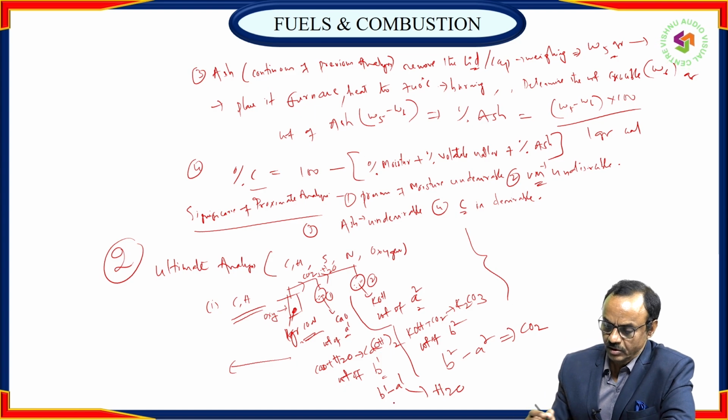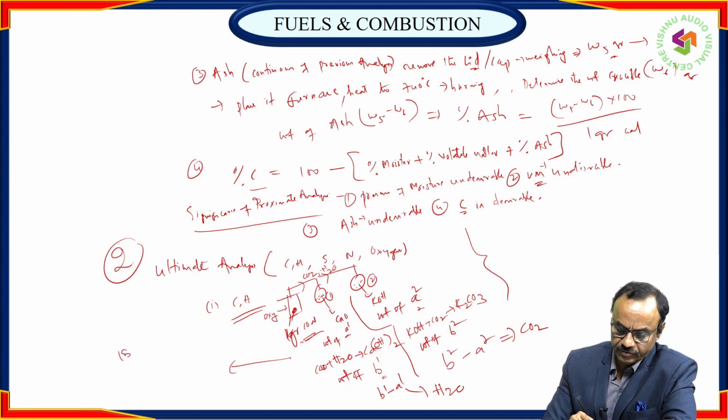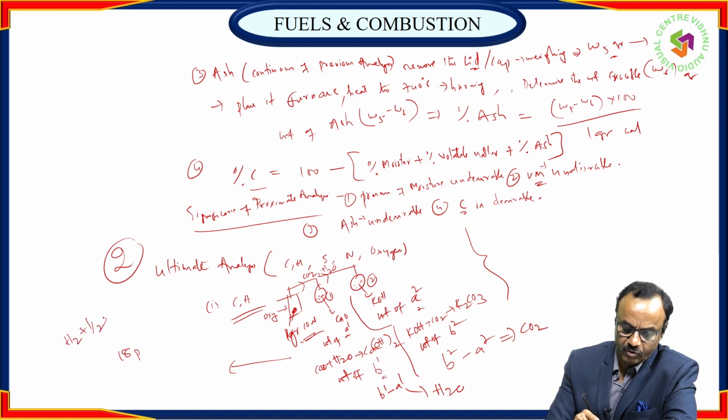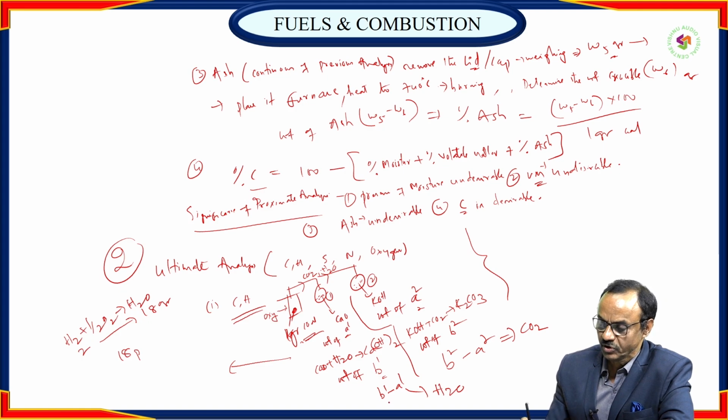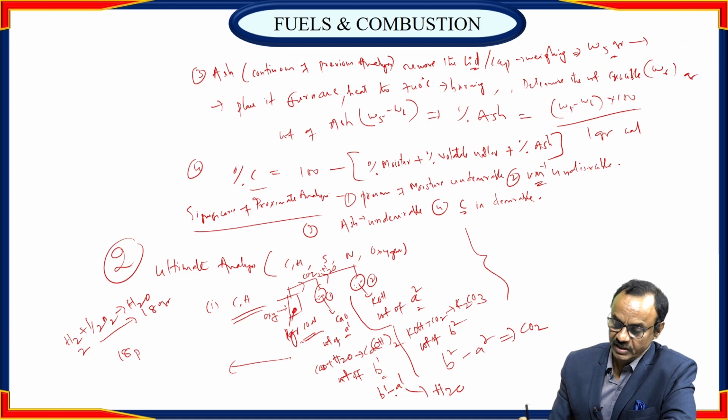First one, I will explain this one, B1. So, 2 parts of hydrogen give 18 parts of water in the combustion reaction. H2 combines with half O2 to give H2O vapor. By the stoichiometric relationship, 2 grams produces 18 grams. But how much is produced here after analysis? B1 minus A1, right?